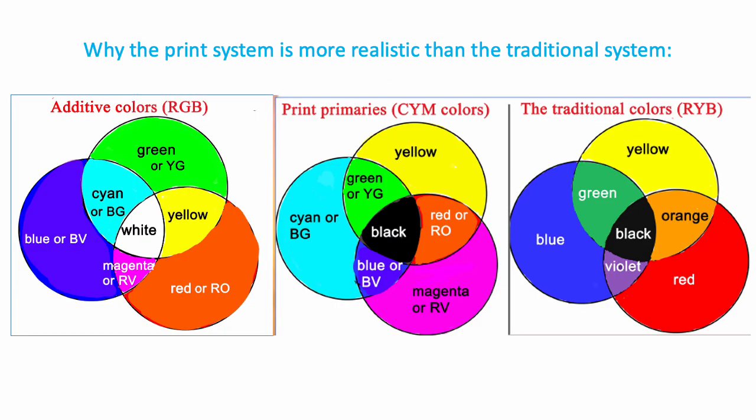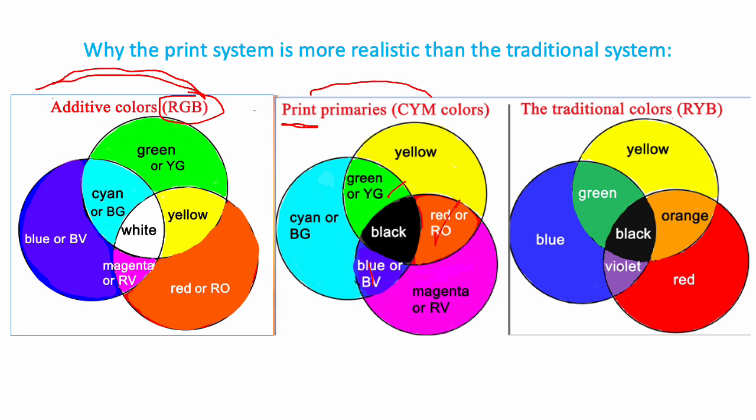The print system is also more realistic than the traditional system because it's directly related to the additive colors, the colors of light. So the primary colors in the additive system are red, green, and blue, while the secondary colors in the print system are red, green, and blue.